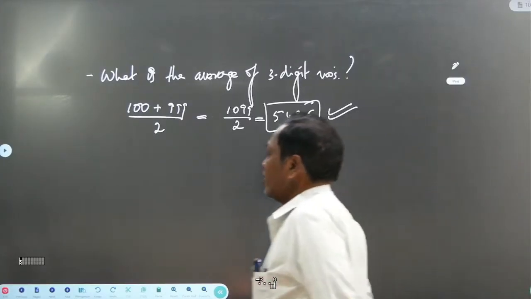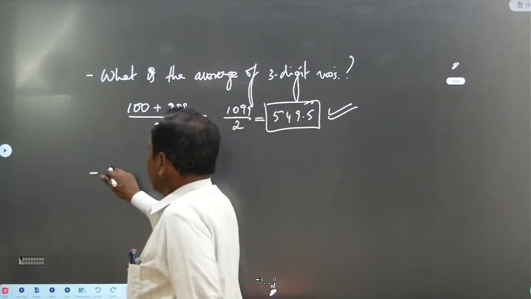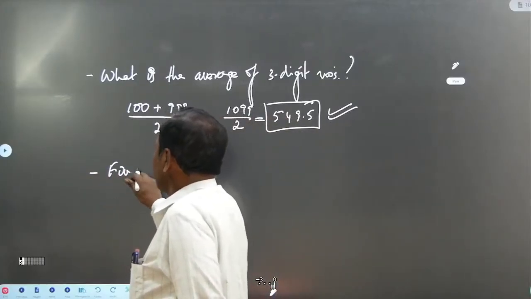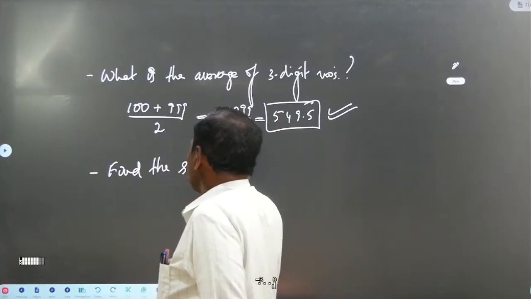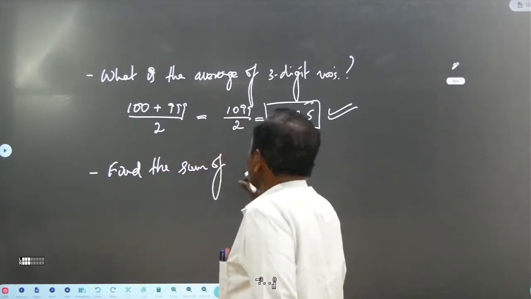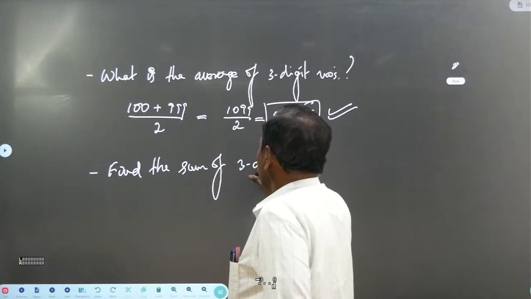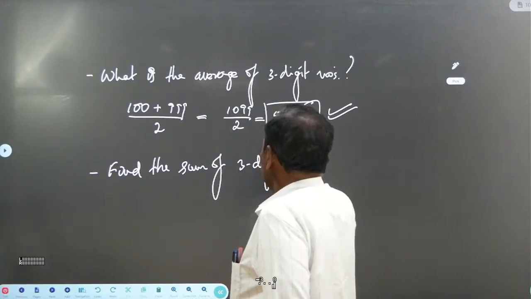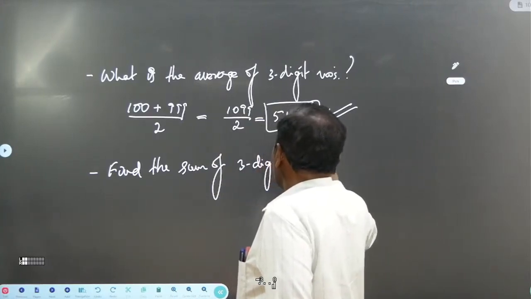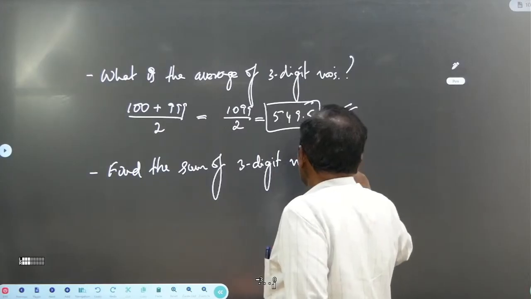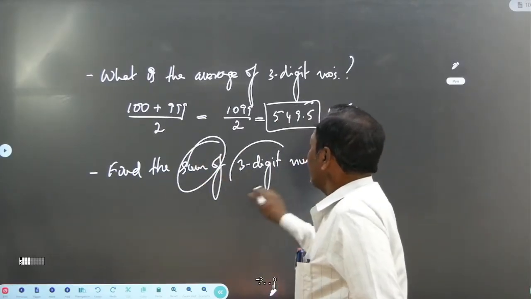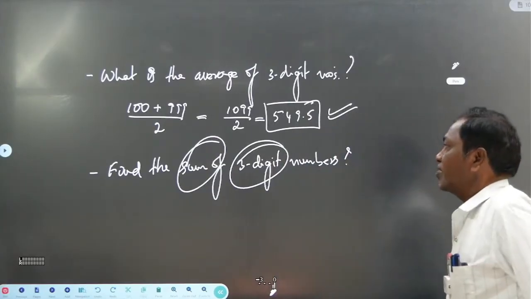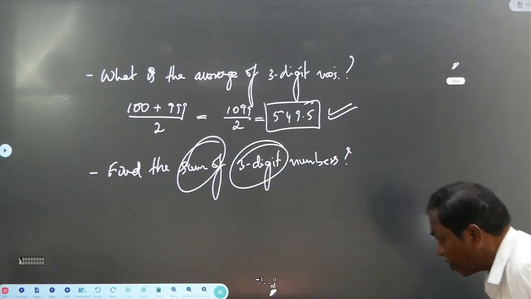Now find the sum of 3-digit numbers. Find the sum of 3-digit numbers.